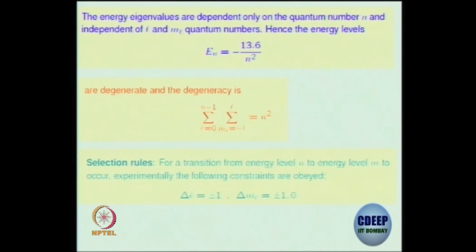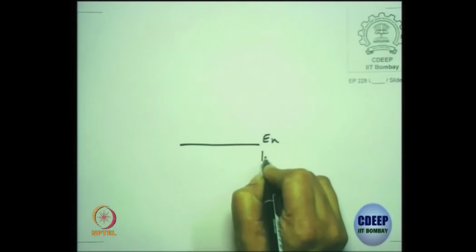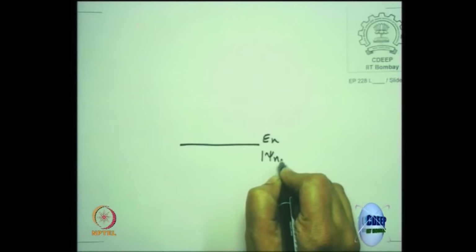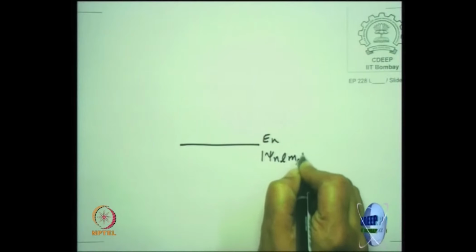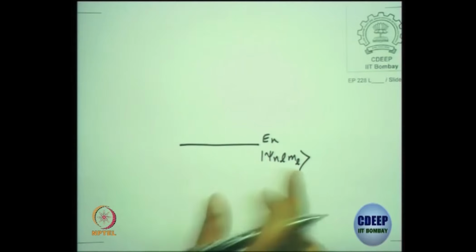There's another thing which I felt you should know: typically when we do transitions in the lab, suppose the experimentalist is looking at a state with energy En and psi n l ml. The En state has 2n squared degeneracy if you include spin quantum number, and n squared if you don't. I am taking a specific state here.